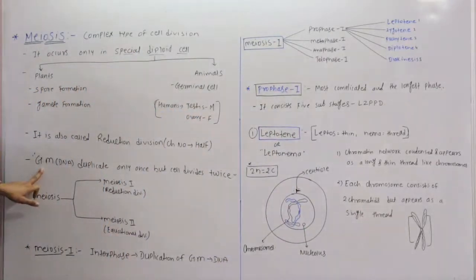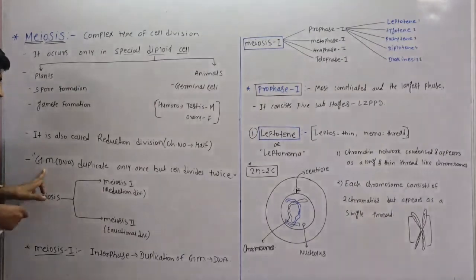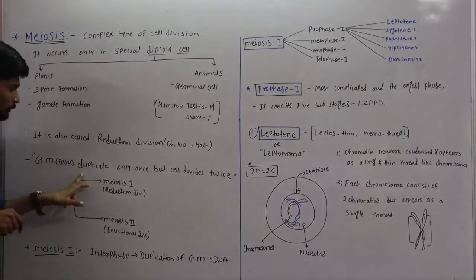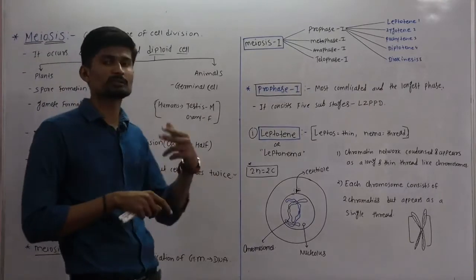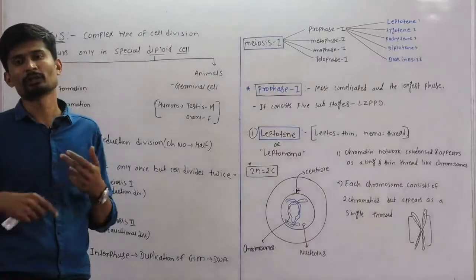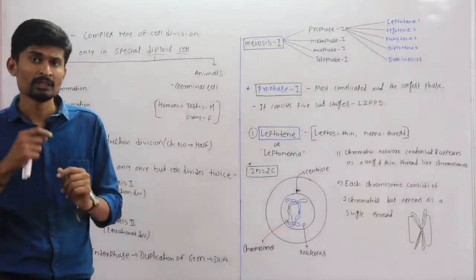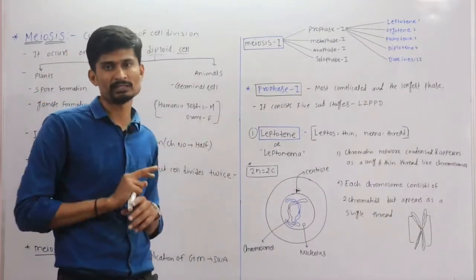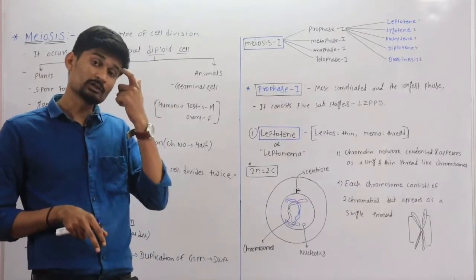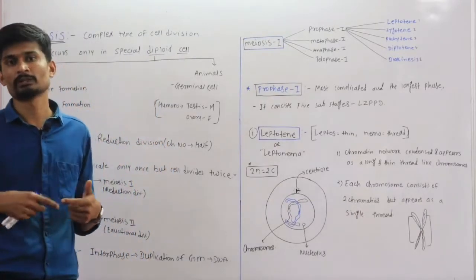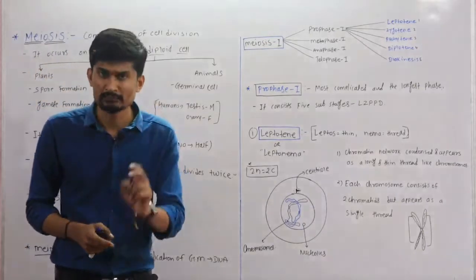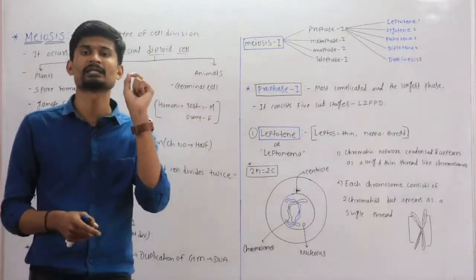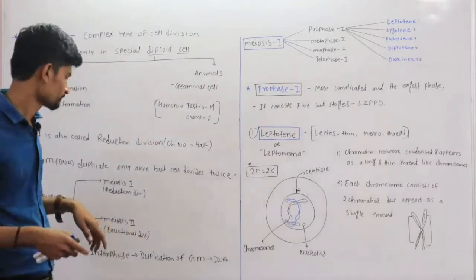Another important point with respect to meiosis is that the genetic material, the DNA, duplicates only once, but the cell divides twice. But in mitosis, duplication of DNA is one time and the division of the cell is also one time. That is why there is no reduction in the number of chromosomes.